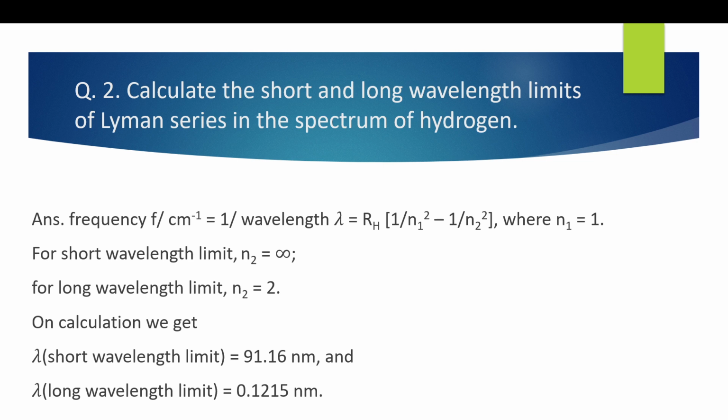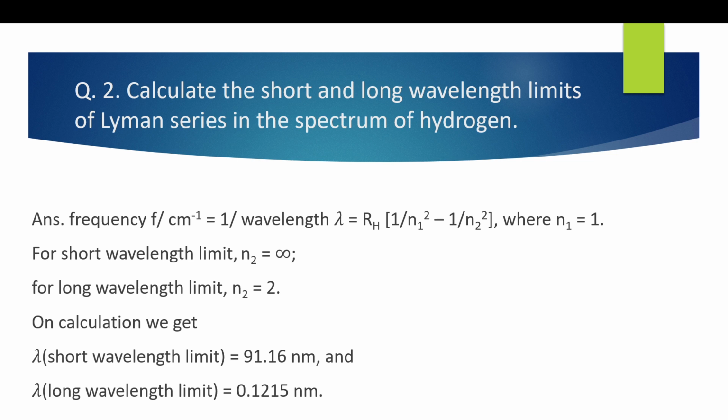Calculate the short and long wavelength limit of Lyman series in the spectrum of hydrogen. As we did earlier, frequency per centimeter, which is 1 over wavelength, equals RH multiplied by 1 over n1 square minus 1 over n2 square, where n1 is 1.